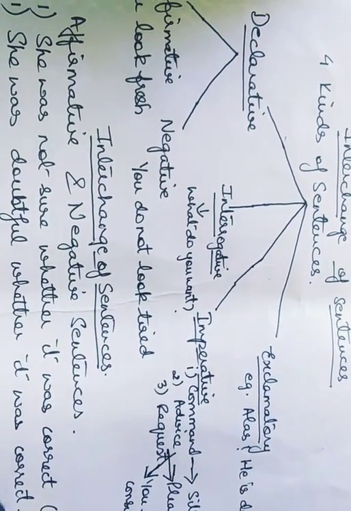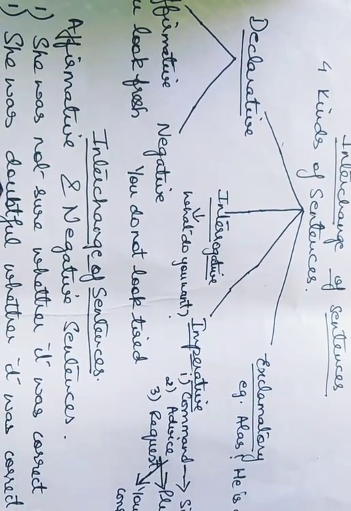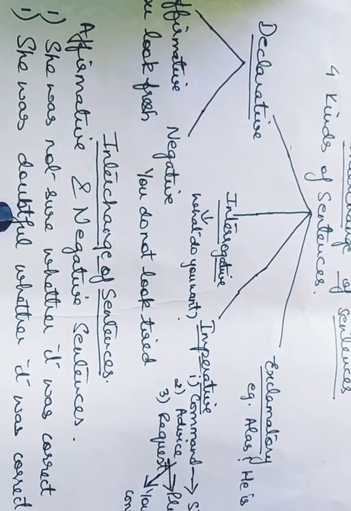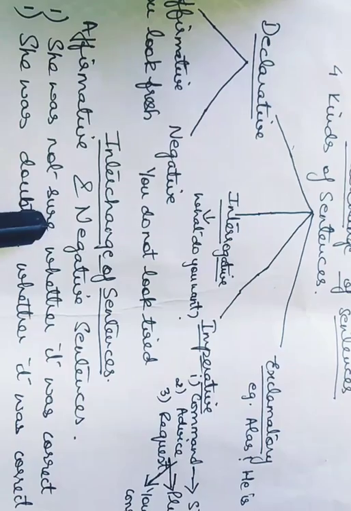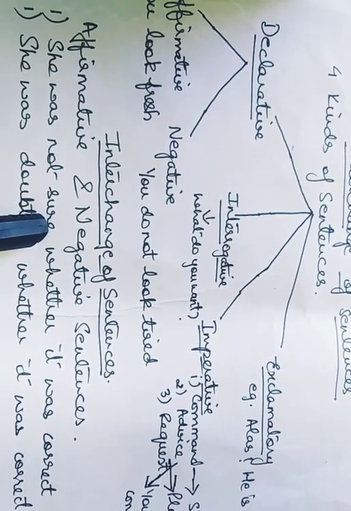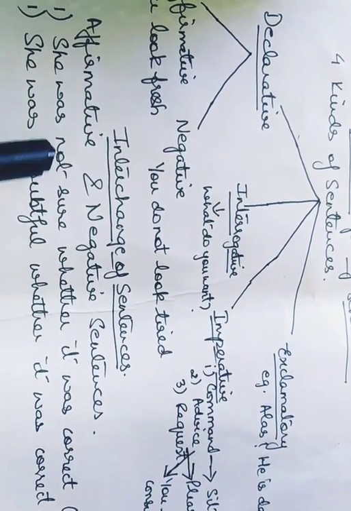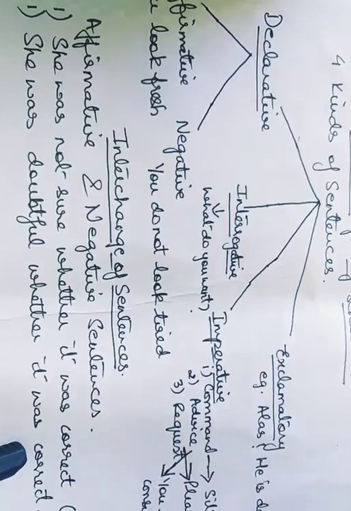This you can see is the affirmative sentence. So here you can see how we've changed it by writing the opposite meaning of the given main word here. The main word is not sure. So not sure means doubtful. So this is how we change a sentence to another type without changing the meaning.